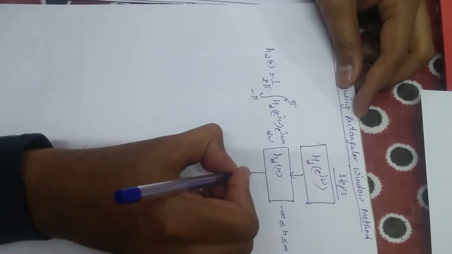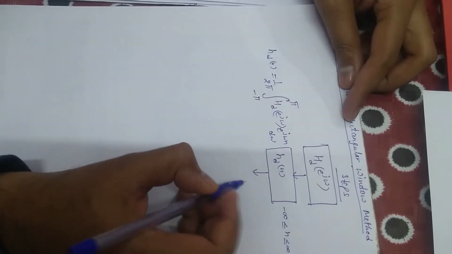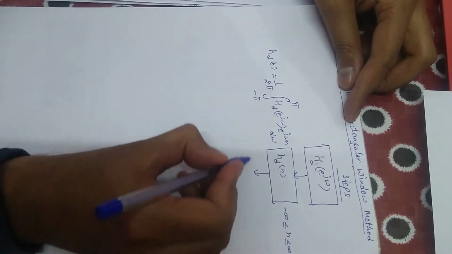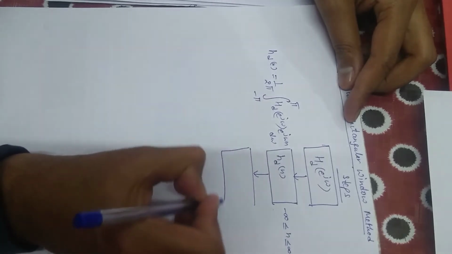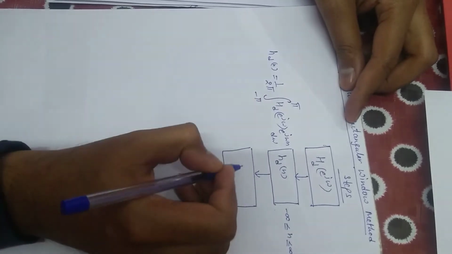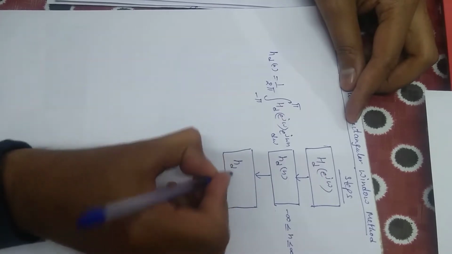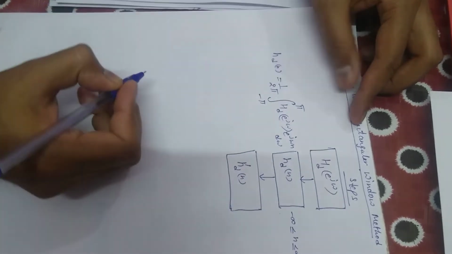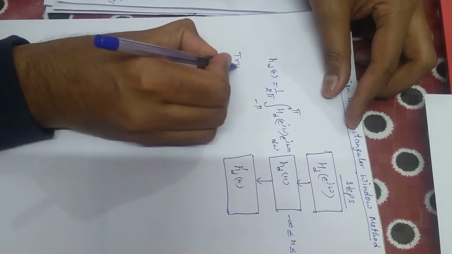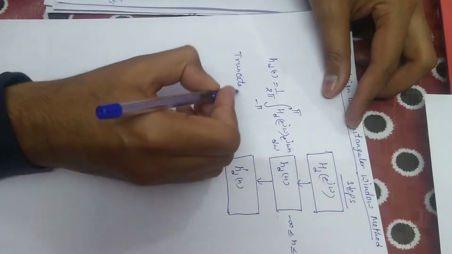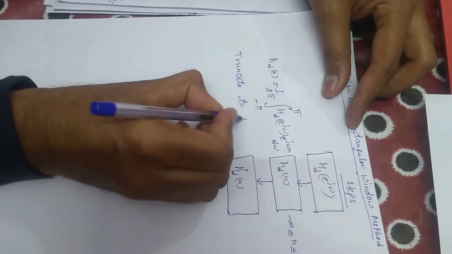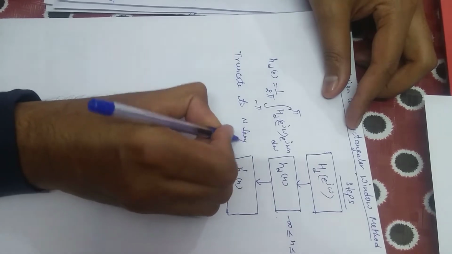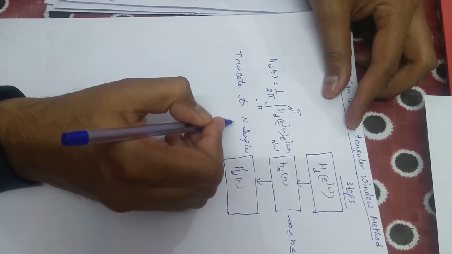After finding this impulse response, we will truncate this response to N samples, because a digital filter must have some finite size.